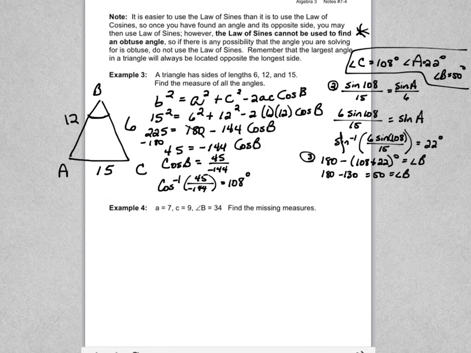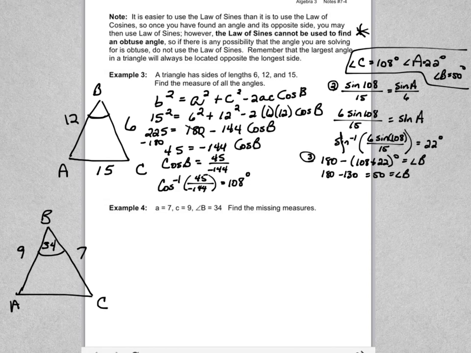Okay, let's look at number 4. We've got A, B, and C. A is 7, C is 9, and B is 34 degrees.